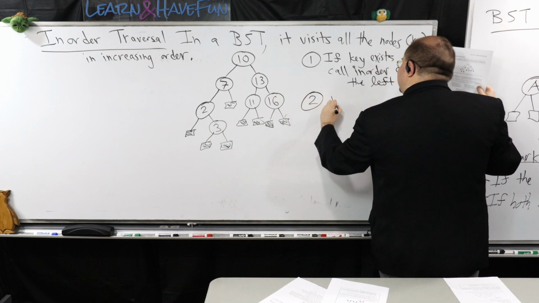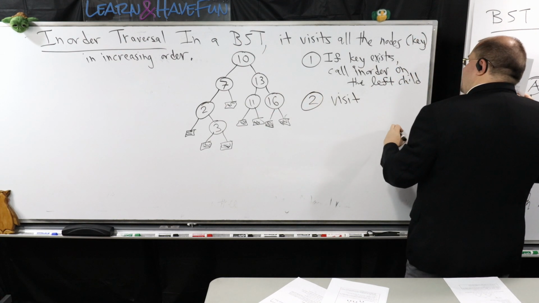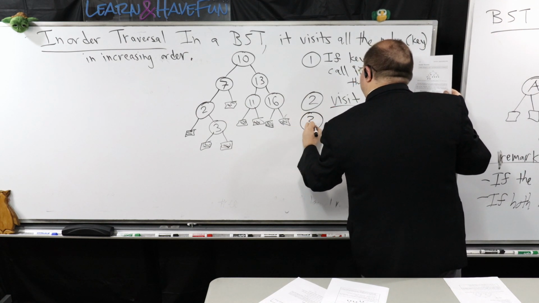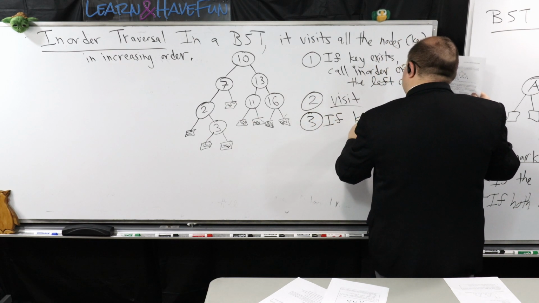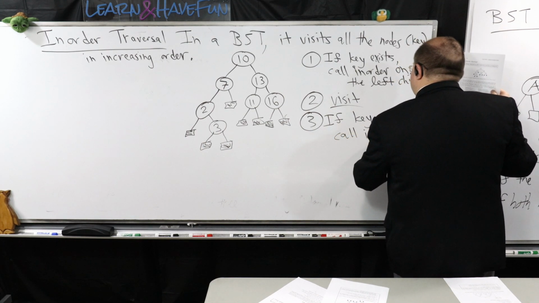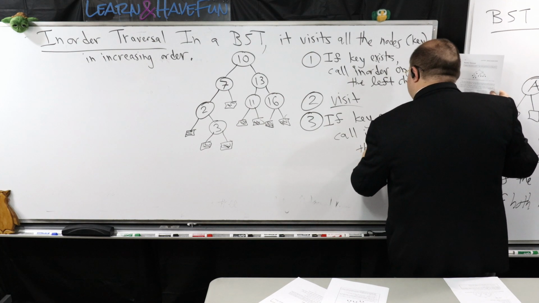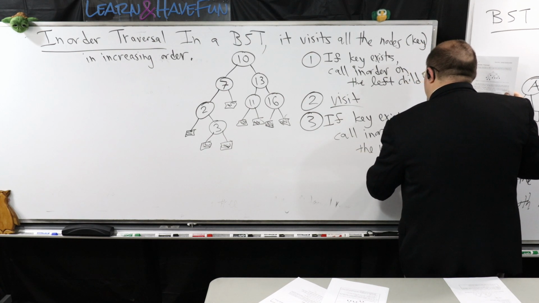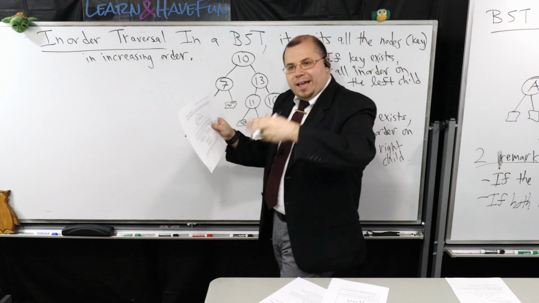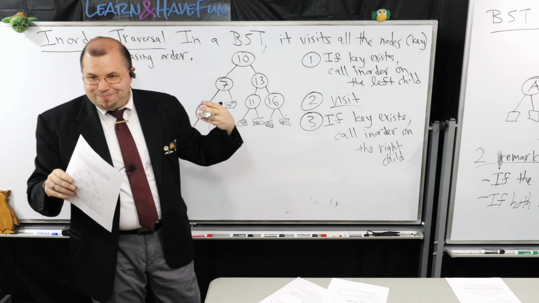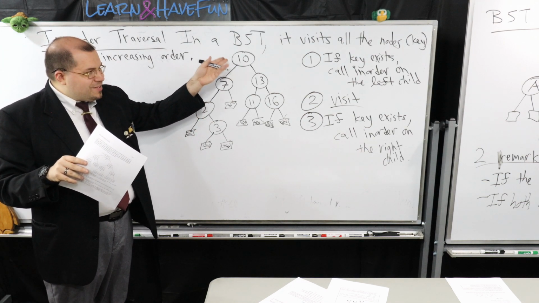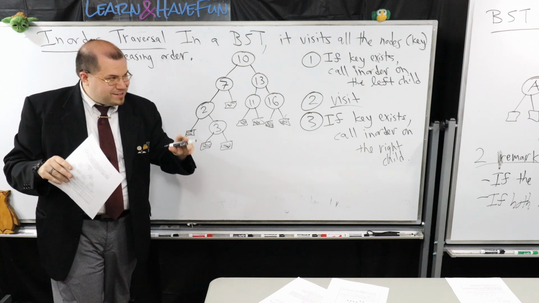The second thing is you visit yourself. And then, if there's a key that exists, you call in-order on the right child. Just to clarify, the whole order we're doing things in is left, myself, then right. That's the order we're going in. And you're going to see with a binary search tree, it guarantees we're going to visit all of the keys in sorted order. So watch this carefully.